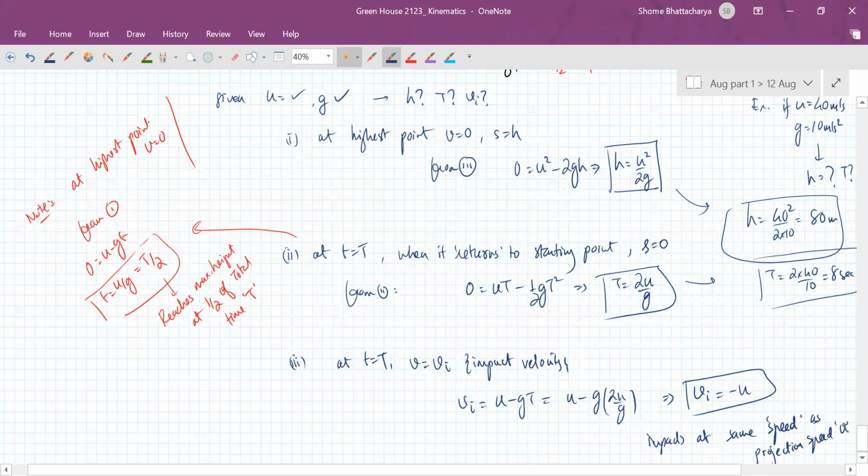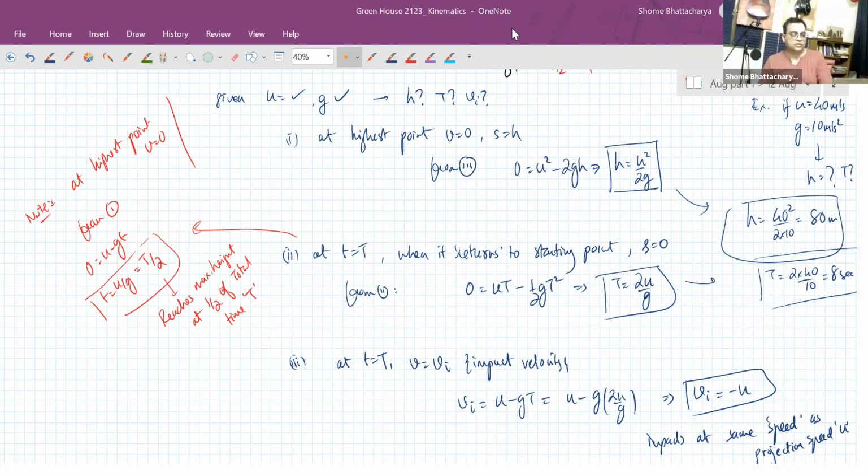So this is another important property or aspect of this kind of vertical motion or vertical projection from the ground. That symmetry, that whatever speed with which you throw the object up, it comes back and impacts the ground at the same speed. And it takes exactly half of the total time of the journey to go up for ascent and the remaining half of the time for the descent. So that symmetry is something important.